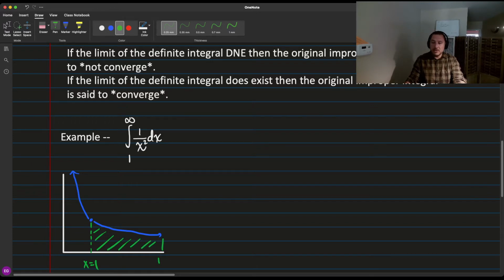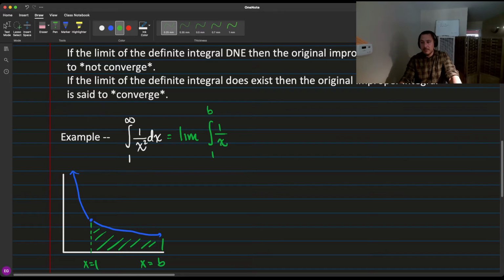Okay, so what we're going to do is we're going to turn this into a definite integral. This improper integral from 1 to infinity is the same thing as the limit of the integral from 1 to b of 1 over x squared dx. Now, how do you make them equivalent? You let b go to infinity, right? That's like the crucial thing here.